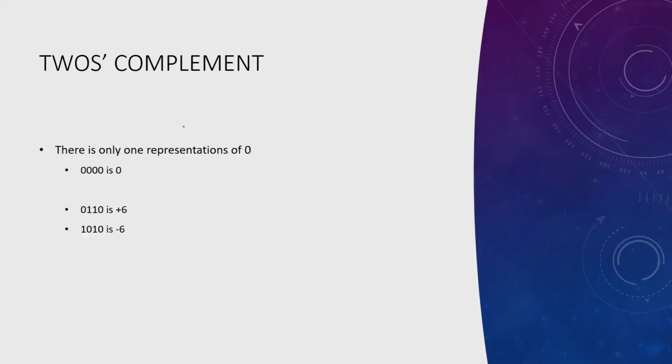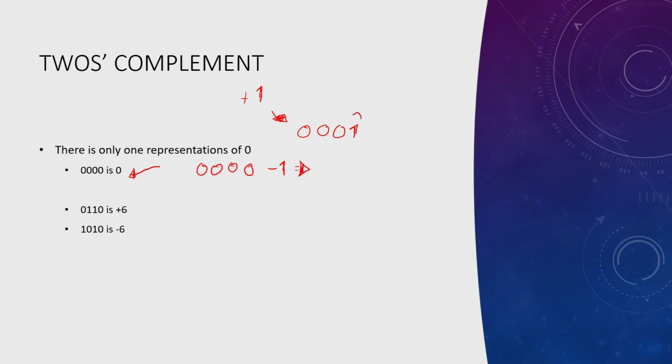Like I said before, there's only one representation of 0. Why? 0, 0, 0, 0. Because in two's complement form, we look for the least significant 1. There is no 1 here, so we can't invert the zeros. But let's say it was 0, 0, 0, 1, which is the value of 1. This is plus 1, right? Now let's find the complement form of plus 1, negative 1.